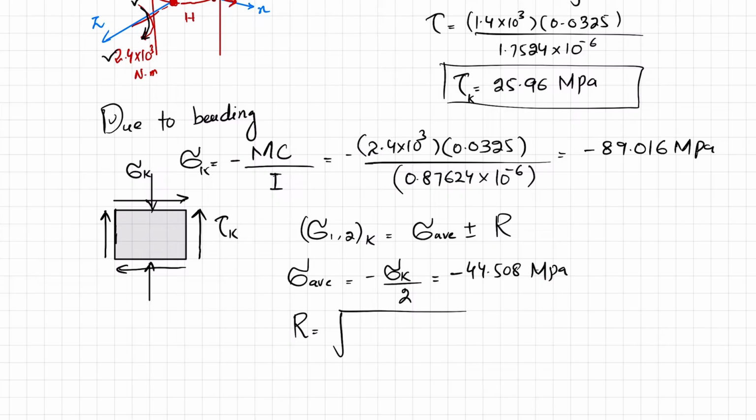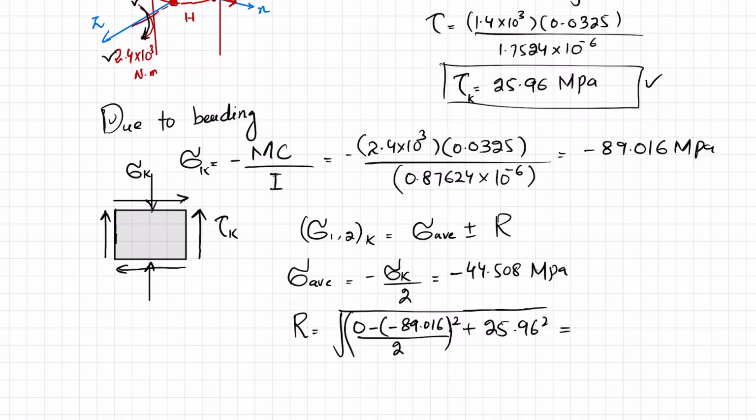Also R will be equal to the square root of (sigma minus 0, since in x direction there is no stress, that is 89.016 divided by 2 whole square) plus tau of xy, or tau K, 25.96 square.